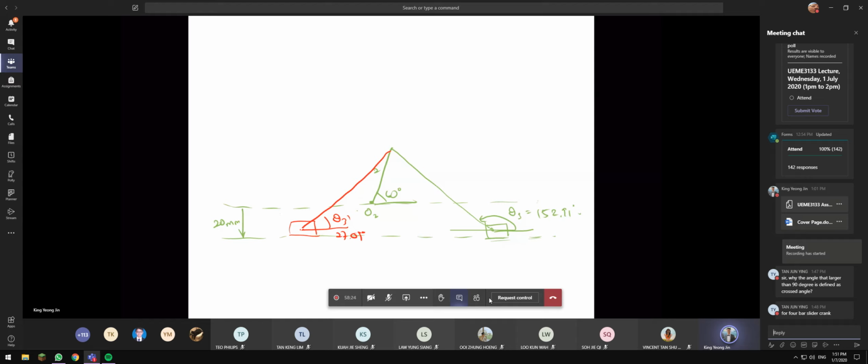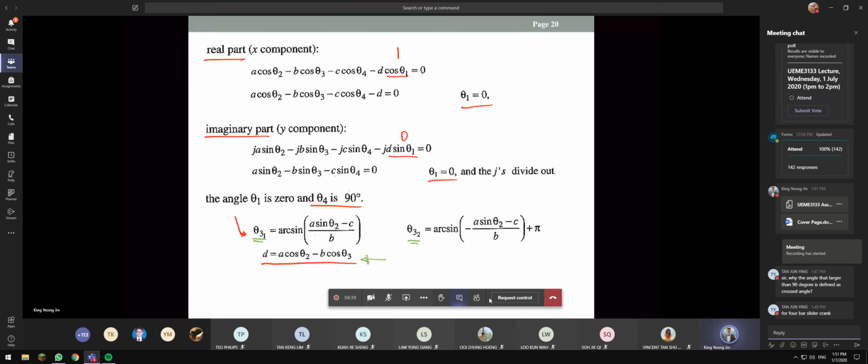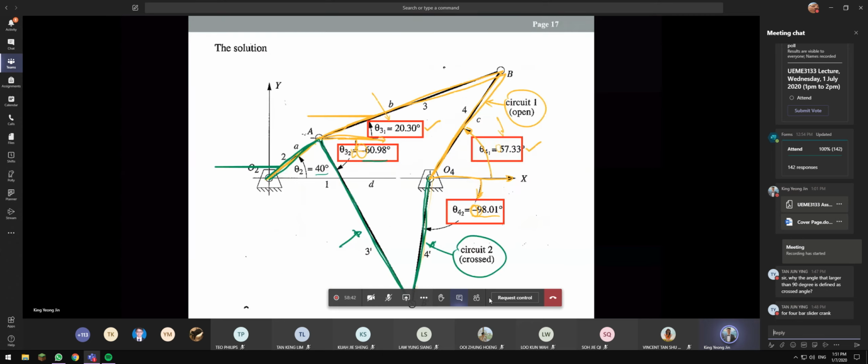So as your friend asked, why is the angle larger than 90 degrees defined as cross angle? Basically we are not really looking at what angle you get. It's more about how the setup is. Open angle means that everything is on one side.